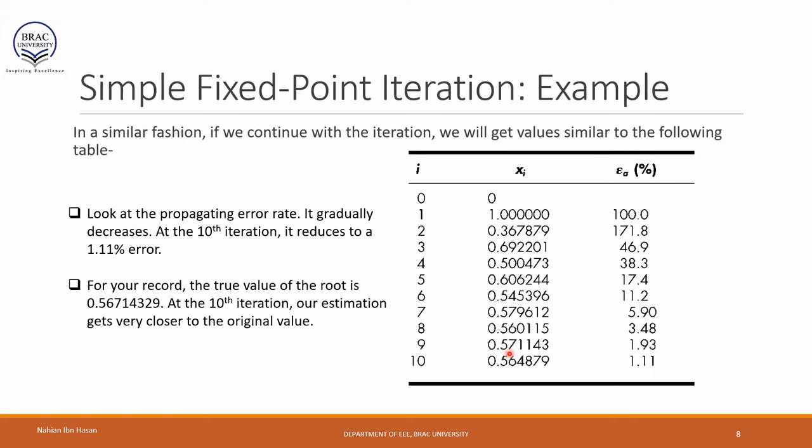So in the 10th iteration our estimation gets very close to the original value, because the error is only 1.11%, which means we are already very near to the original root. We use this value of epsilon a to terminate our code. We specify our predefined error limit epsilon s, and we continuously compare the value of epsilon a with epsilon s.